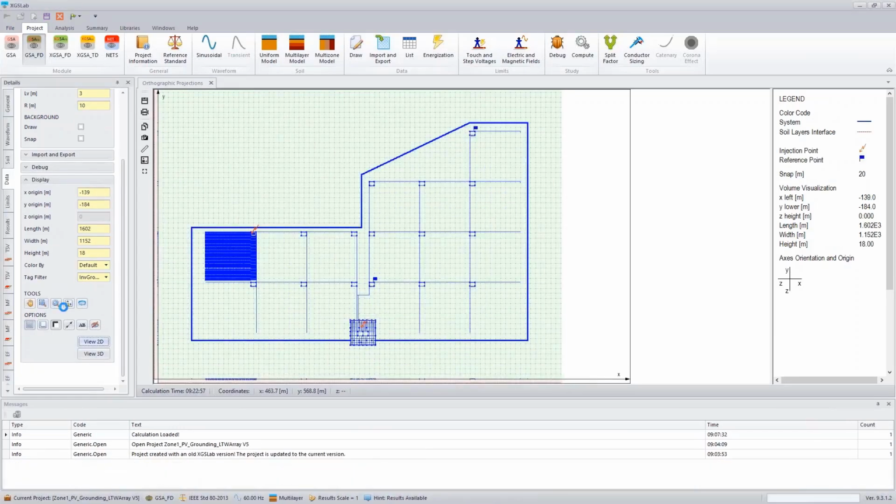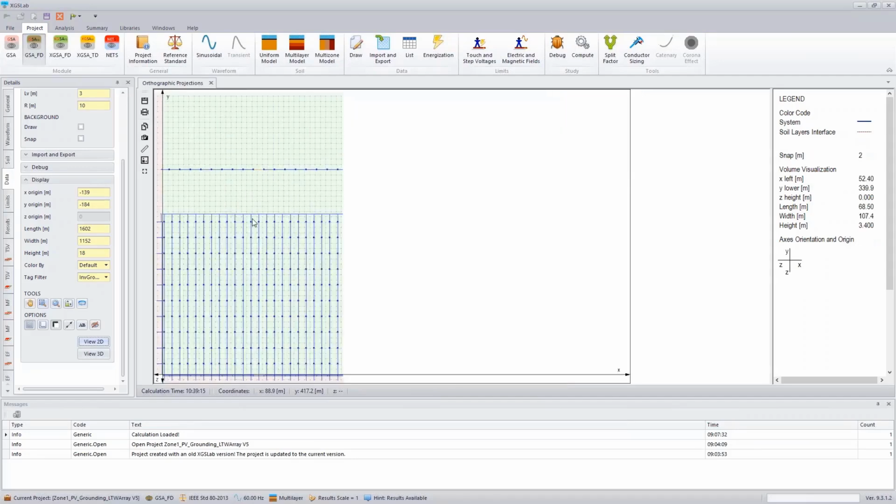So let me just zoom in here. What I am doing for both my fence and my tracker array posts, my PV posts, I am modeling based off the dimensions of the I-beam that supports the PV panels, and that's modeled as a steel conductor going into the soil, the depth of the PV post depth.